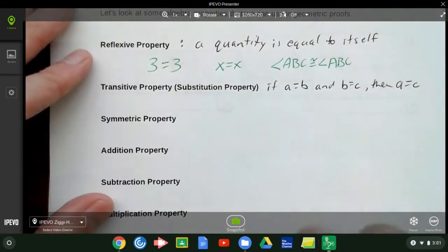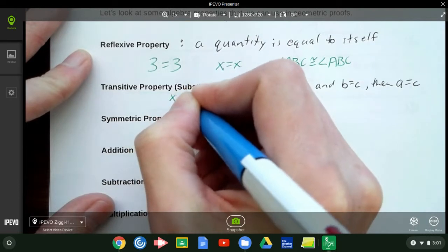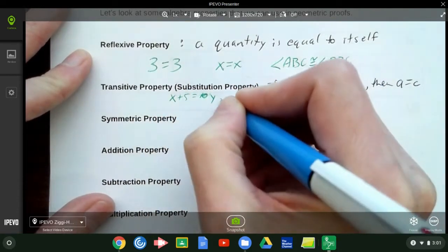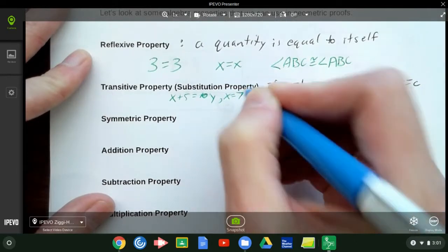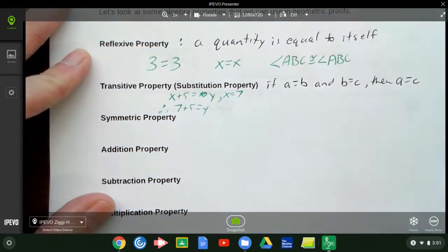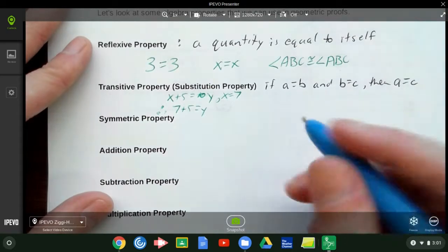You've used this in algebra. You've had problems where you may have had an expression, x plus 5 equals y, and maybe you know x equals 7, so therefore 7 plus 5 equals y. In geometry, we can use it to replace different types of things.